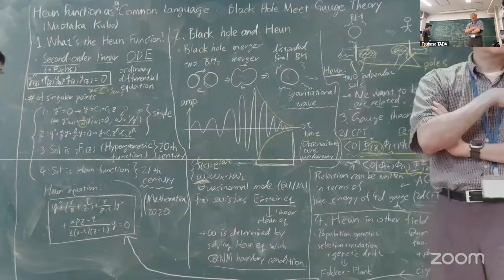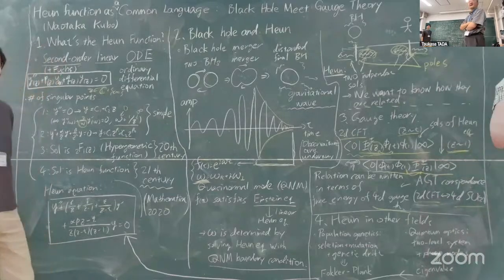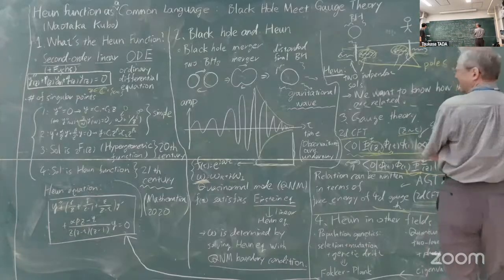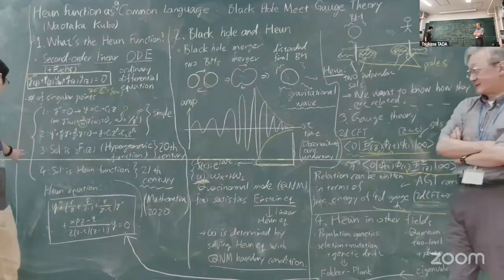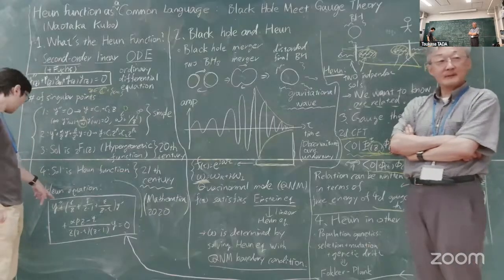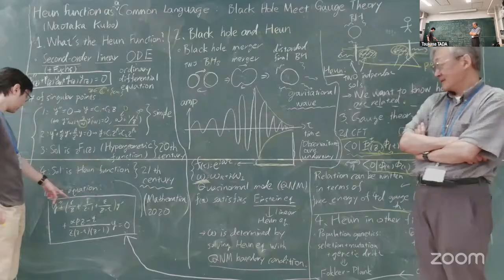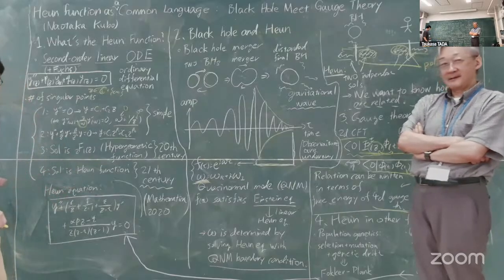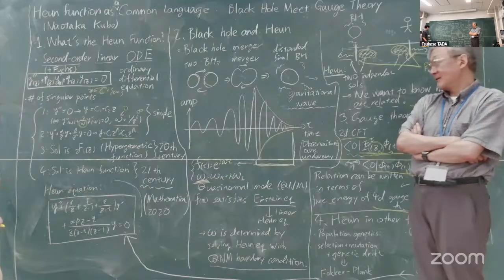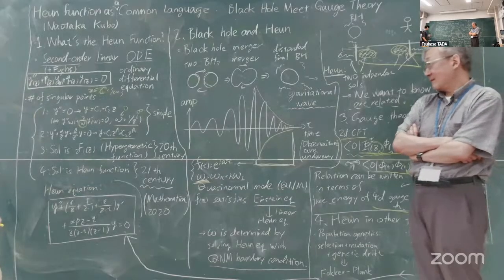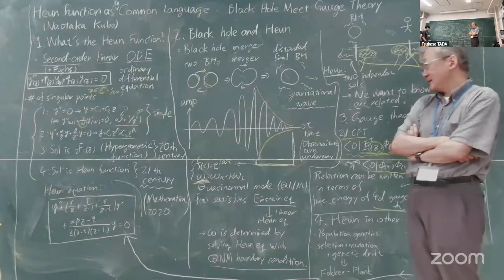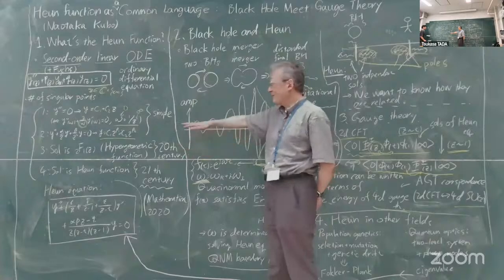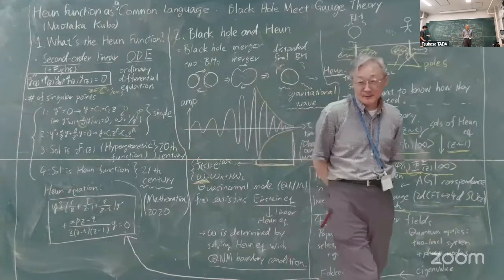What is special about the Heun function? It is just 2F1, one of the special functions. What is special in the Heun function? Maybe the question is how it is different from the ordinary hypergeometric function.